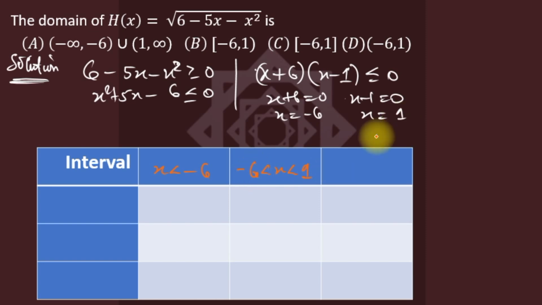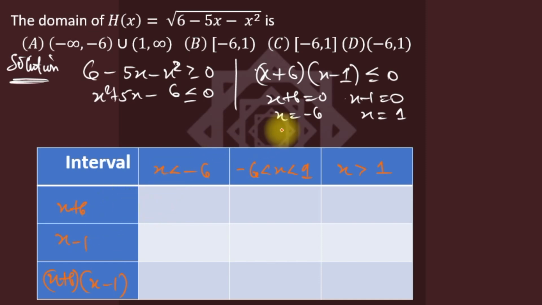Because these are the two values, it will be 0 there. But let's check whether it will be less than or greater than 0 in each interval. Our product is x plus 6 times x minus 1.